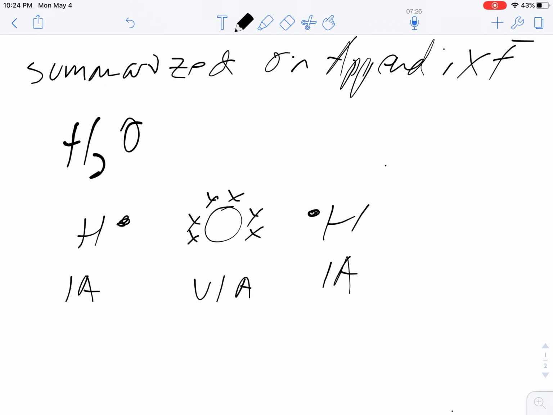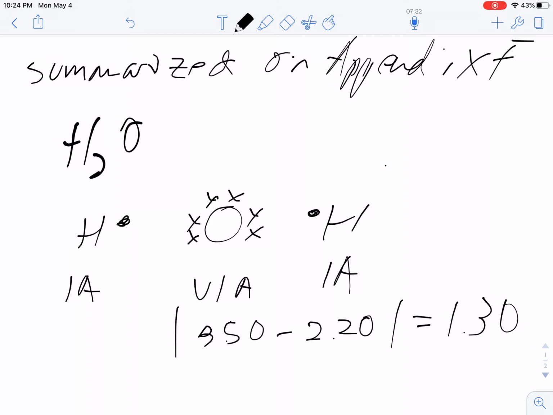So when I take the difference, I end up with 1.3, which is less than 1.7, so it's going to be sharing. So I'm going to go back to Appendix F and look to see how many electrons hydrogen and oxygen want. Hydrogen's group 1A, oxygen is group 6A.